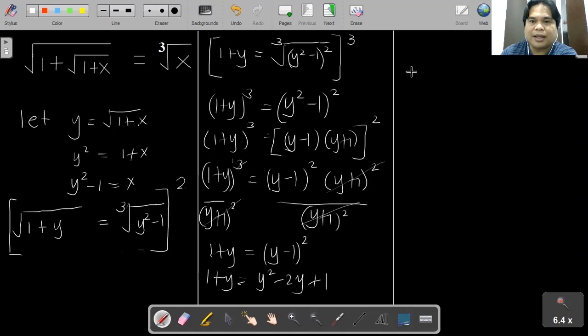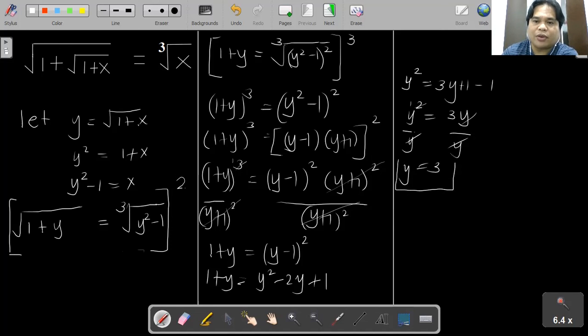So this becomes y squared is equal to 3y. Then you can just divide each side by y, cancel that one out, and you'll have y is equal to 3.